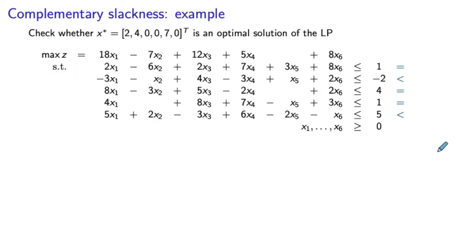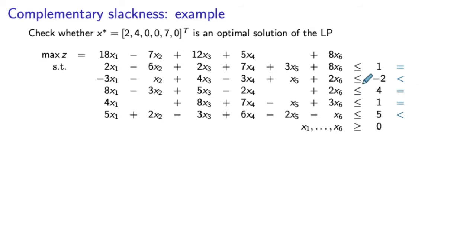Then we looked at the example where we use complementary slackness to verify that a given vector is indeed the optimal solution for the primal. The way we use the complementary slackness to show this is as follows. Whenever you have a positive value for the x variable, this means that the corresponding dual constraint is going to be binding, so you can write the equality and add it to your system of equations. And whenever you plug in the primal solution in the inequalities here and you have a strict inequality, this means that the slack variable is positive, meaning that the corresponding dual variable is equal to 0.